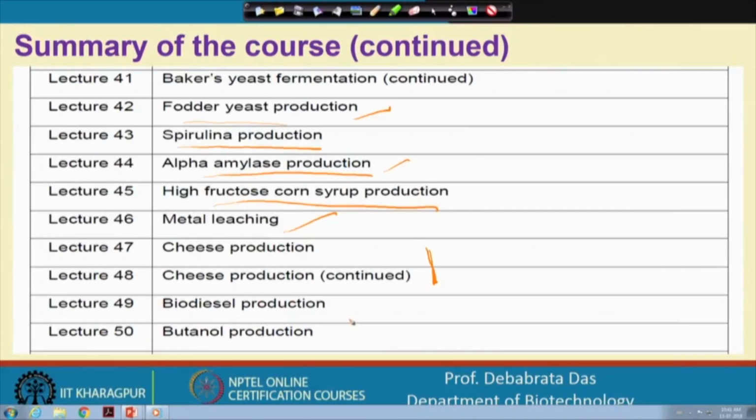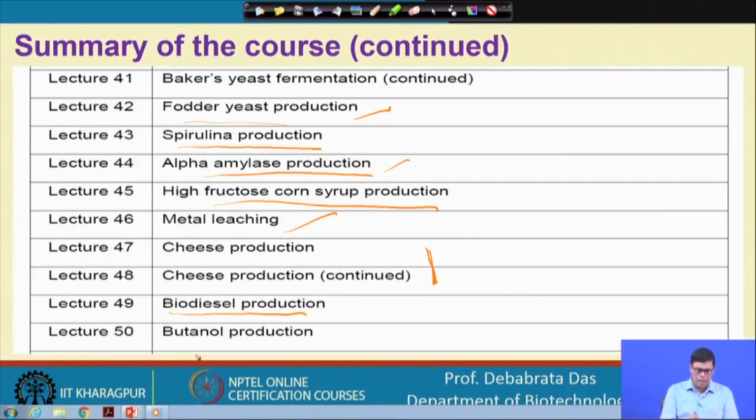Then comes the bioenergy process: biodiesel and butanol. These are important things that are coming in the market, as we can substitute gasoline, and biodiesel can substitute diesel. For biodiesel, jatropha is largely used for the production.